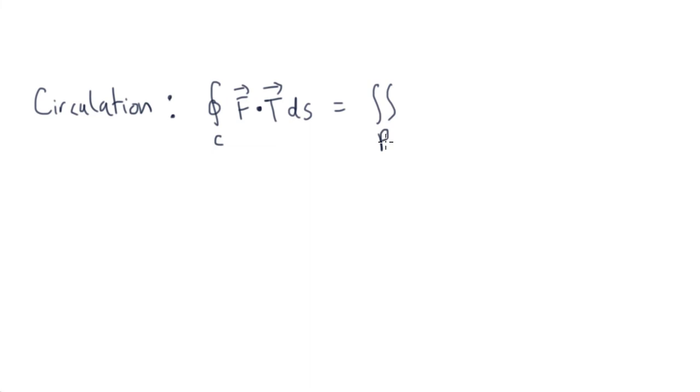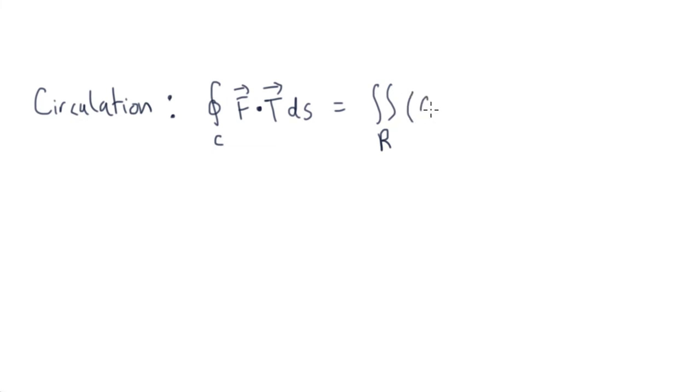So we have the circulation version of Green's theorem that says the integral over a closed curve of the circulation integral, so the force along the tangential direction of the curve, equals the contribution over the entire region enclosed by C of the curl.